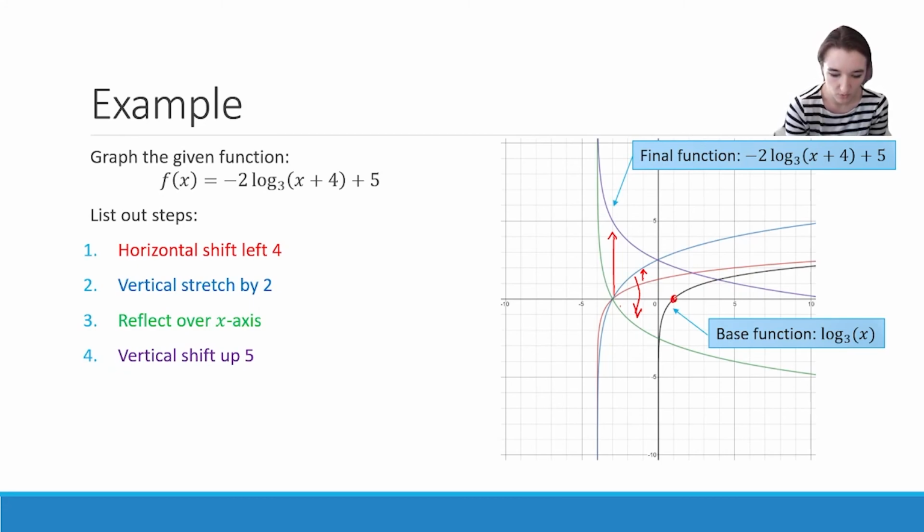And where did this special point go? This is our 1, 0, remember? So if I track 1, 0 through our shifts, we get it moved over to -3, 0. Then it stays the same for the vertical stretch and the reflection over x, but our final value is now at -3, +5.